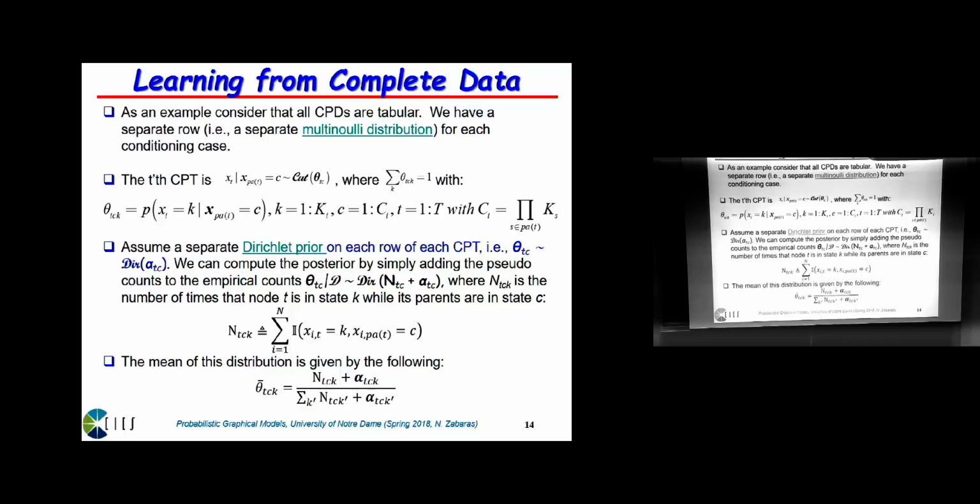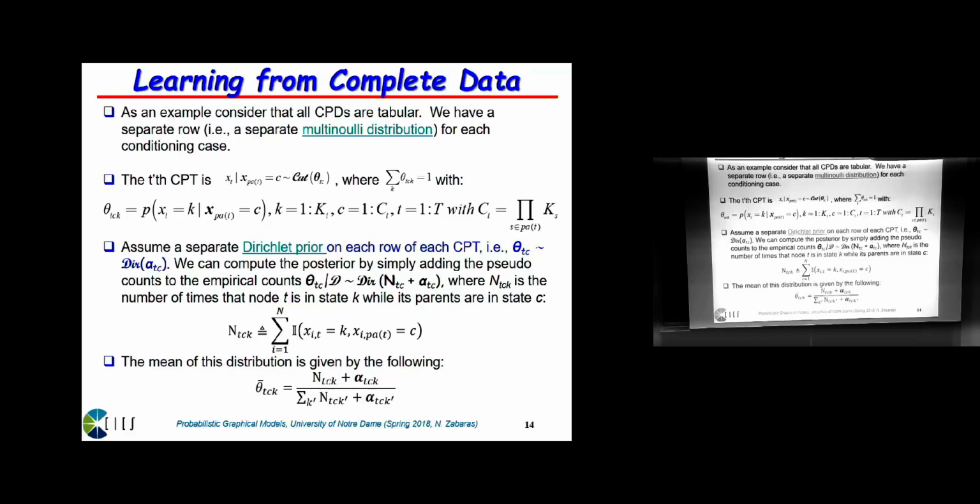alpha tc defined from the prior plus ntc, where these are vectors, right? This is a vector, and this is a vector, and here's the definition of the vector. So I want you to look at it and tell me what this is, using common sense language, basically. t is the node t, k is the value that node t can take, assuming that the parents are in state c.